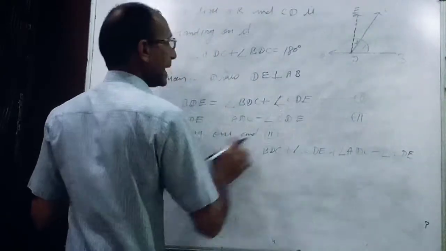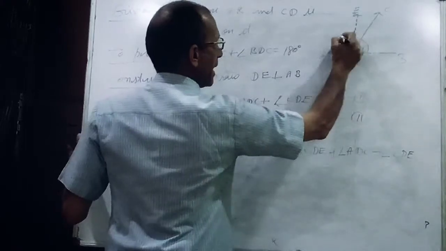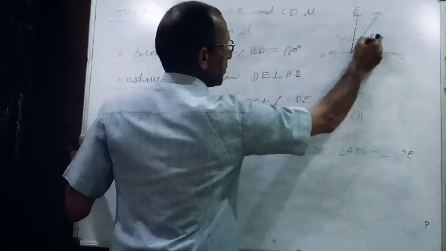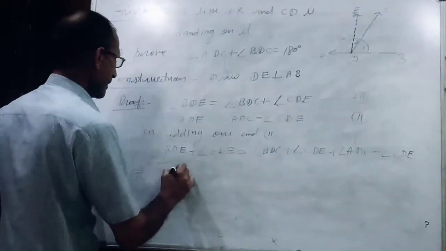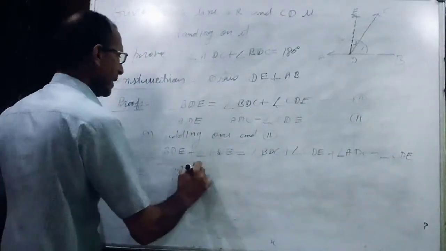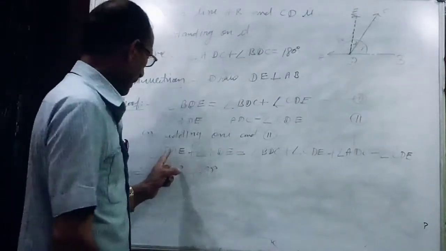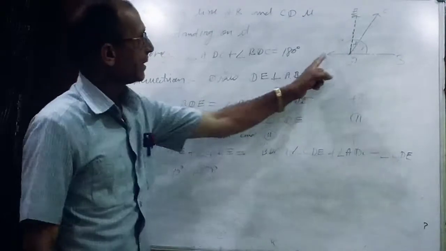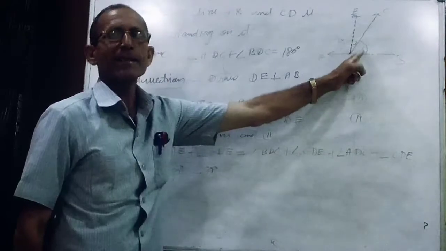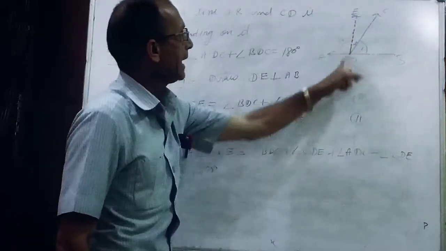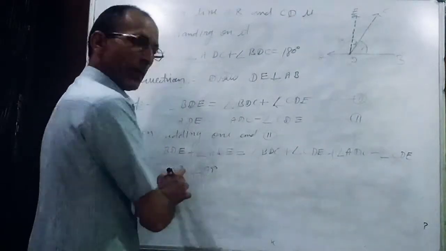BDE plus ADE: this is 90 degrees, this is also 90 degrees. Up to here the measure of this angle will be 90 and up to here also 90. I constructed this angle as 90 degrees and ADE also 90 degrees.